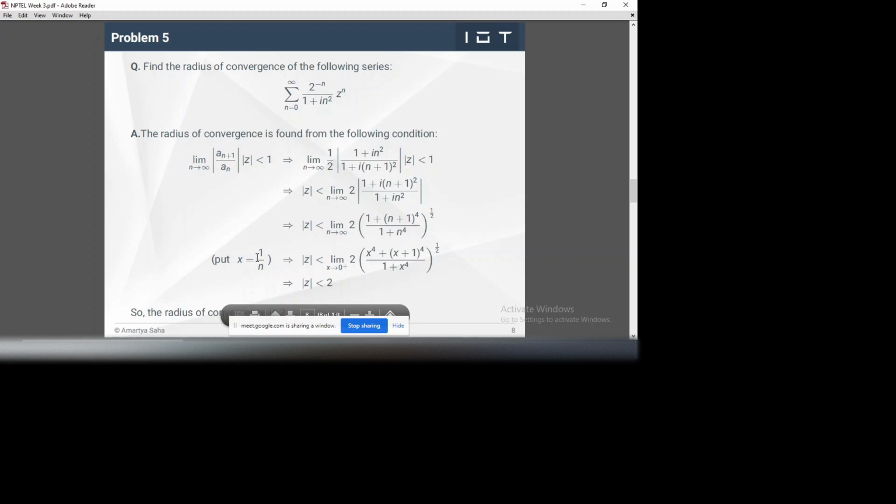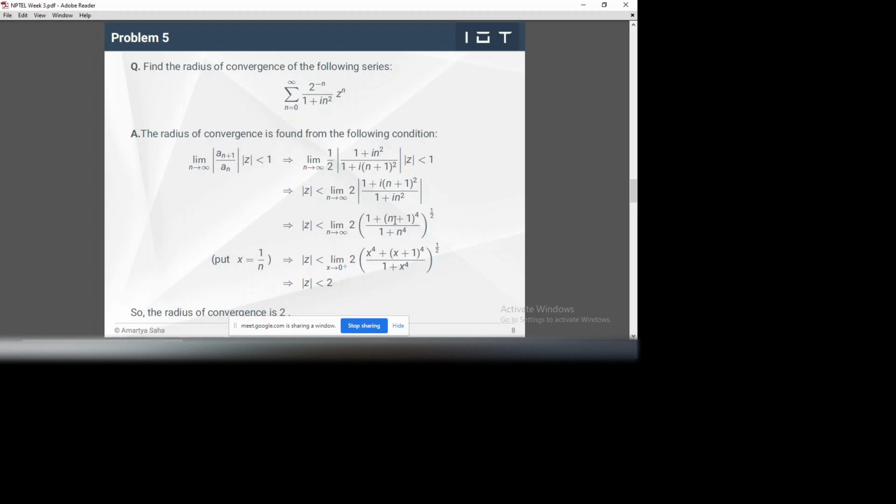Similarly, for more visibility, we can put x equal to 1 by n and convert this limit to x going to 0 plus. You see, if n is infinity, x will be 1 by infinity, that means 0, and it's positive, so it is slightly larger than 0. That is why I have written x going to 0 plus.